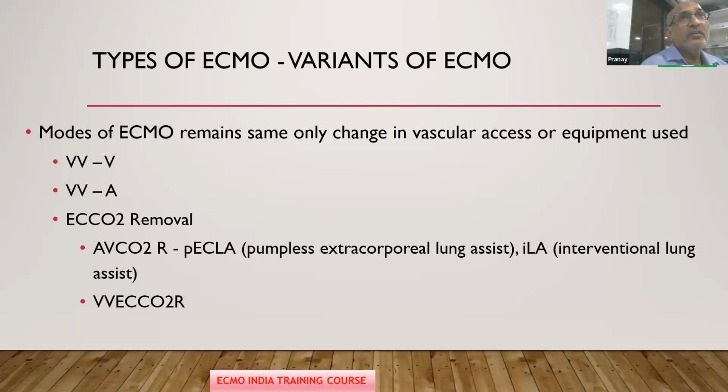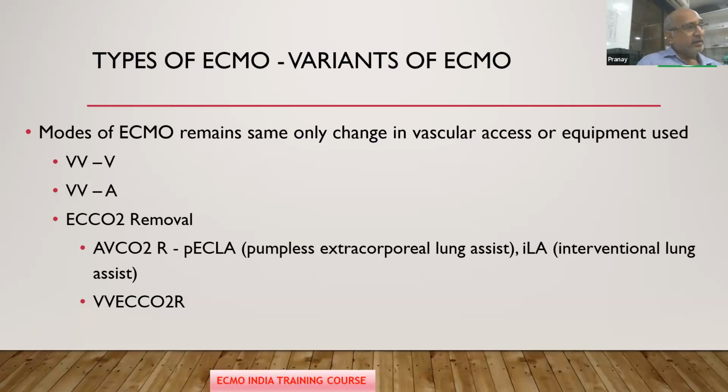So in VVV, the mode is the same, VV ECMO, but you require an additional drainage. So it becomes two drainages, draining from two veins and returning to one vein. That is VVV ECMO. Similarly, you might be on VA ECMO and require an additional drainage, then it becomes VVA ECMO. Another variant is ECCO2R, CO2 removal.